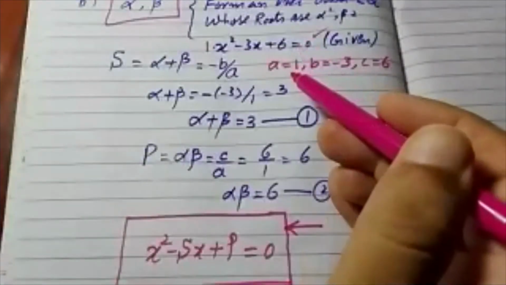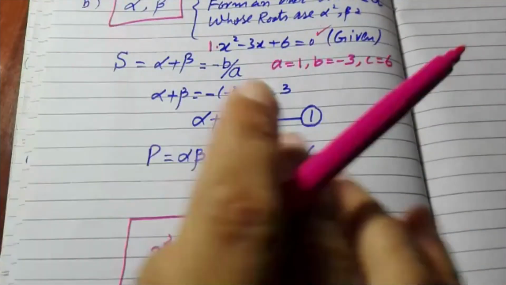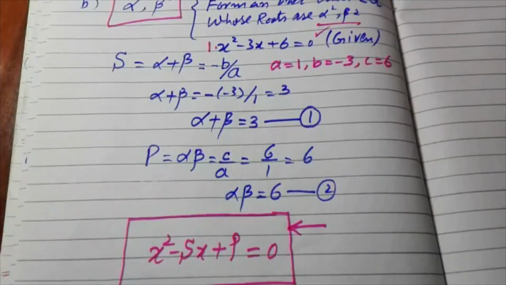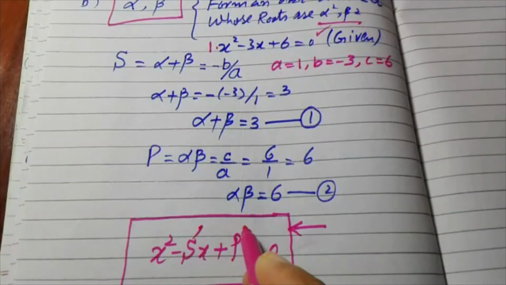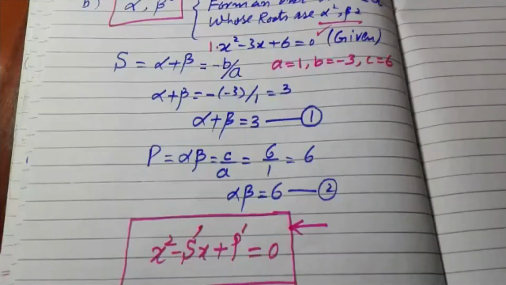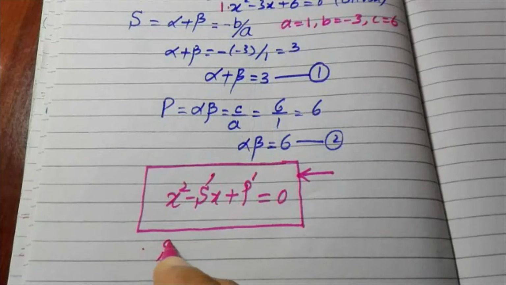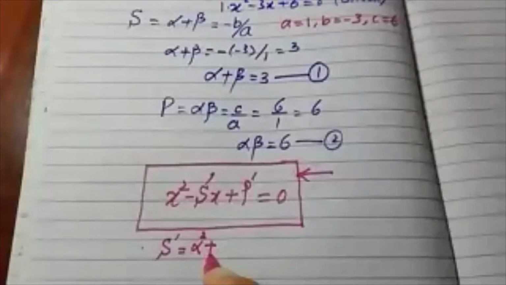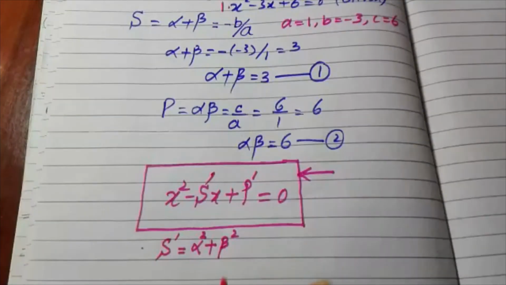But the task is to form an equation whose roots are alpha square and beta square, as I have mentioned here. So you should place dashes over it, because you need to find the sum of roots and product of roots of another equation whose roots are alpha square and beta square.